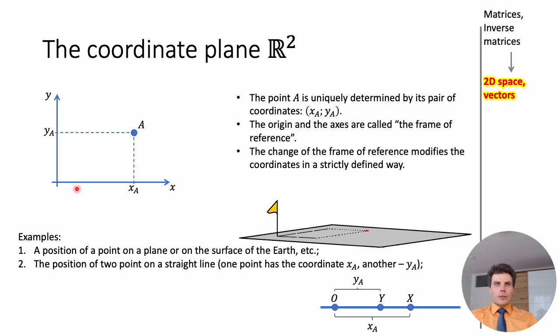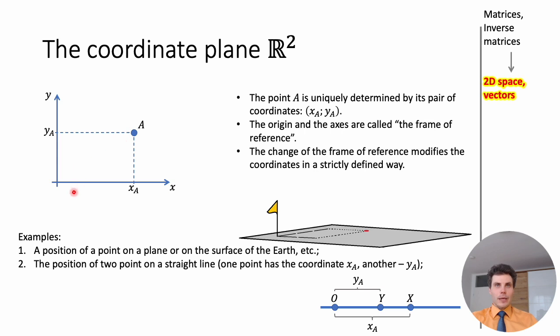If you change the frame of reference, if you stretch, move, or rotate the whole structure composed of the two arrows and the intersection point between them, then the coordinates of the given point A will change.